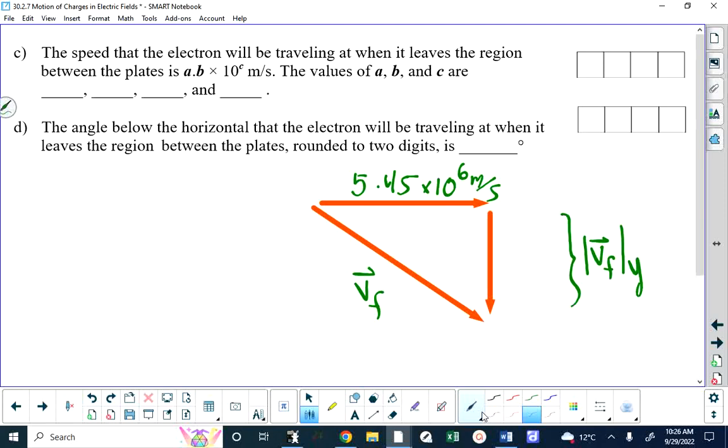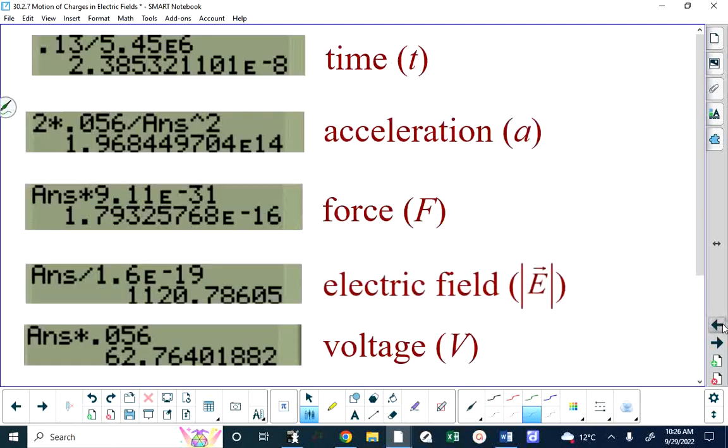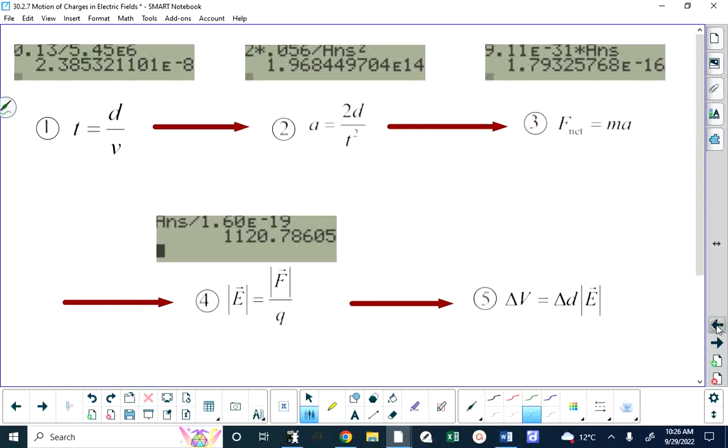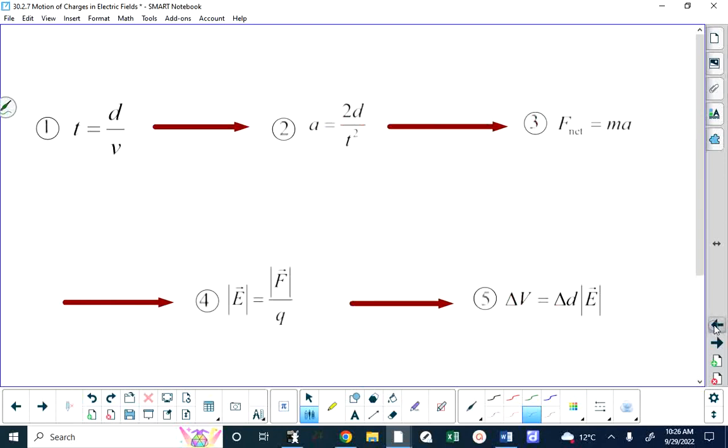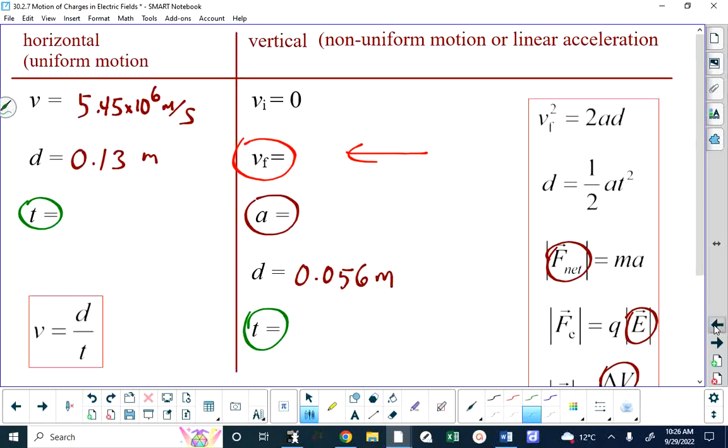And what we can do here to find that VF in our table is use this formula. This formula will allow us to find the final vertical component, and then we're back to that tip to tail, horizontal and vertical, and using it to find a hypotenuse.